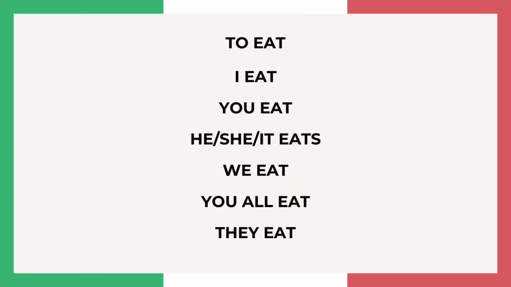Something you should know is that in Italian you can omit the subject pronoun, and I'll show you why with an example. Look at the conjugation of the verb to eat in English. Except for he, she, it, it's always eat. So I can't just say eat because from the verb itself, you can't really tell who is doing the action, who the subject is.